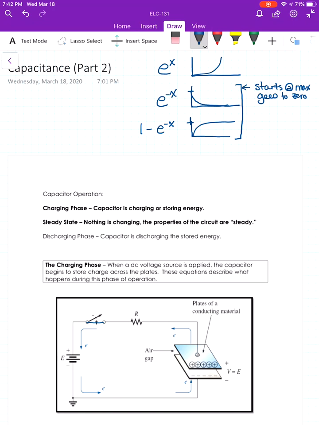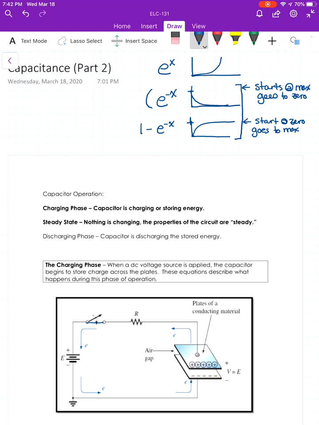And then we say that 1 minus e to the minus x is a value that would start at 0 and then goes very quickly to a maximum value. And what that maximum value is, if we leave e to the minus x and 1 minus e to the minus x alone, the max would be 1 in those cases.